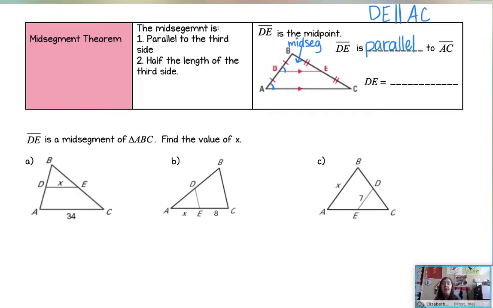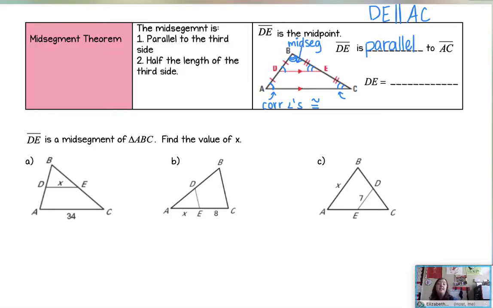So angle BDE and BAC are congruent to each other because they're corresponding angles. The same thing is going to happen over here with angle E and angle C. Those guys on both sides are corresponding angles, and when lines are parallel, they're congruent. And of course, angle B is going to be congruent to itself.